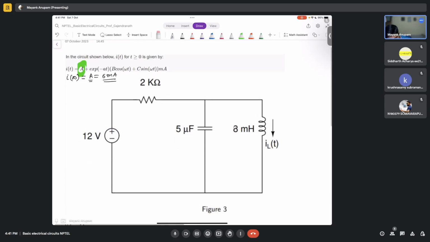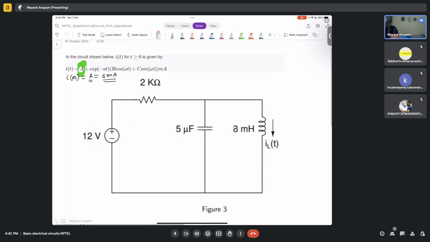So A is basically the manifestation of the forced nature of this circuit. If this voltage source was not present, A would not be there.